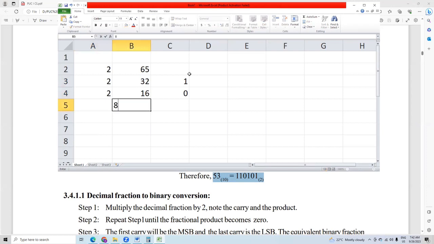Then the next quotient 16 has to be divided by 2. 2 8s are 16. Remainder is 0. Then 2 4s are 8, remainder 0. Then 2 2s are 4, remainder 0.